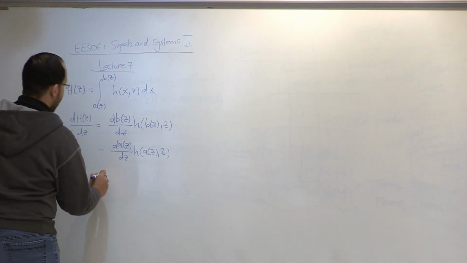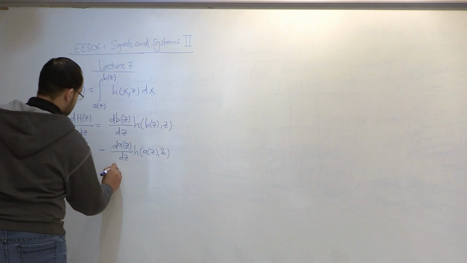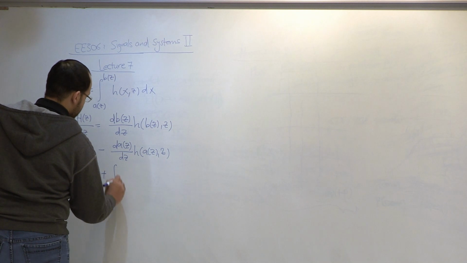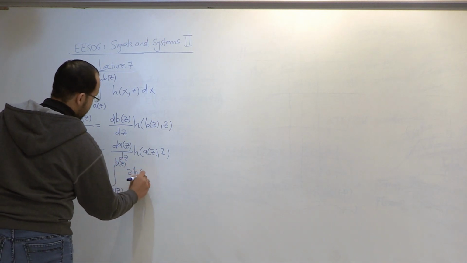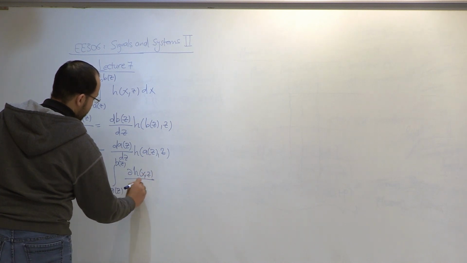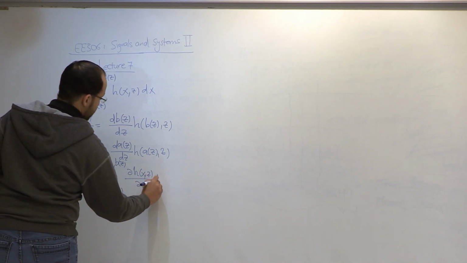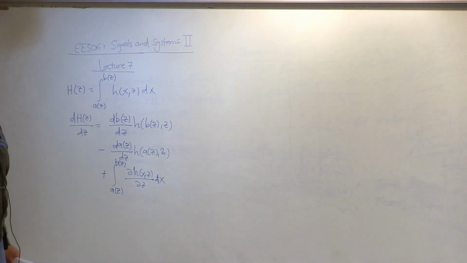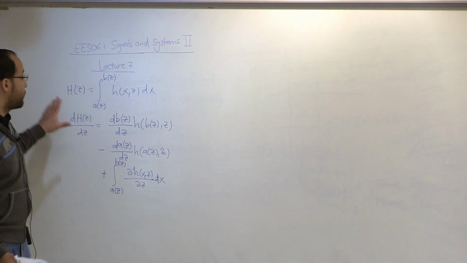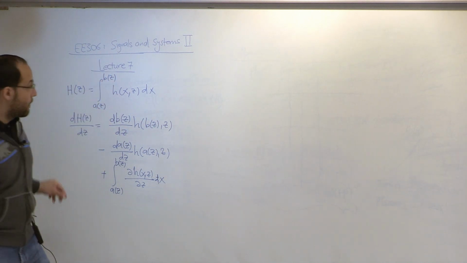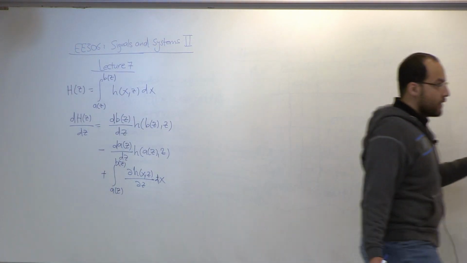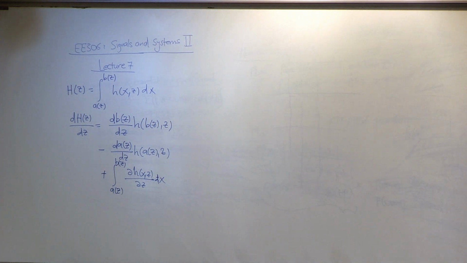And third of all, you will have the term our friend here referred to, which is the integration from a of z to b of z of partial h(x,z) by partial z dx. All right? This is how you differentiate an integral with varying limits. All right? Okay.